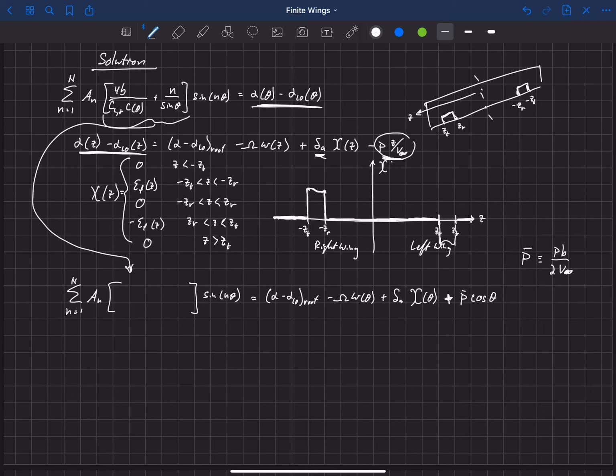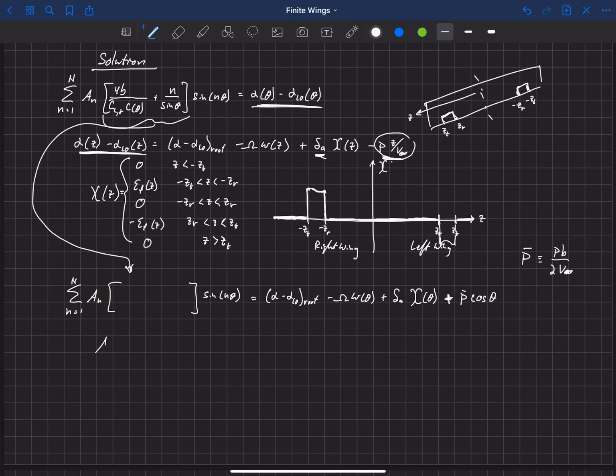Okay, and so now we have our fundamental equation here. We need to solve for these capital A sub n's, but we can divide them up like we did before to look at planform effects from this first term. We can look at washout effects from this term here, aileron effects from that term there, and p-bar effects here. And what we do is write a different summation for each of these effects, where we use a decomposed Fourier coefficient.